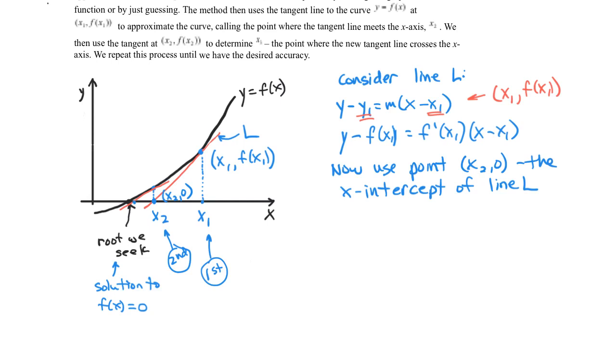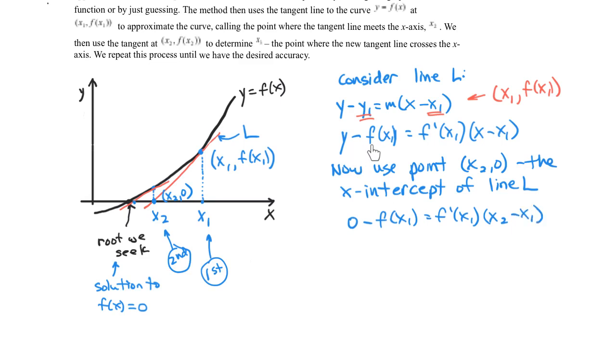If we plug those in there, we're going to plug in x, y for x, y. Then we'll get 0 minus f of x sub 1 equals f prime of x sub 1 times x2 minus x sub 1.